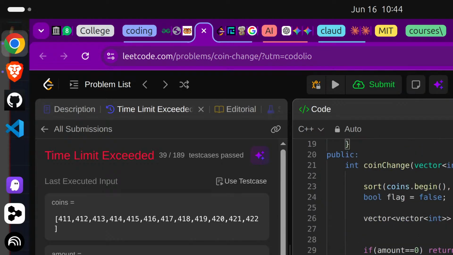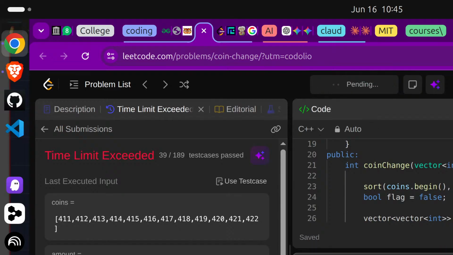And where we return this, we can return dp of n comma amount, right? Okay, so I think also we don't need this also, I think. Okay, we can do this also.